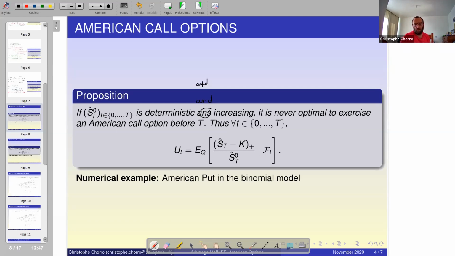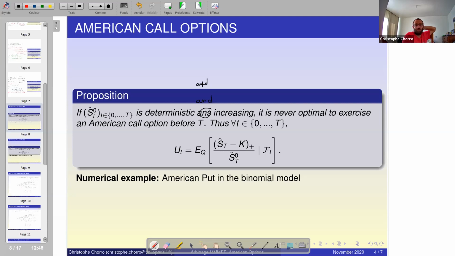then it is never optimal to exercise an American call option strictly before its maturity capital T. If you are fluent with the classical reasoning of arbitrage without mathematics, it's not that complicated to prove that if you exercise before, it's always possible to exhibit strategies that are better than exercising.